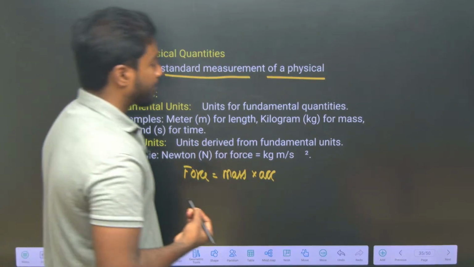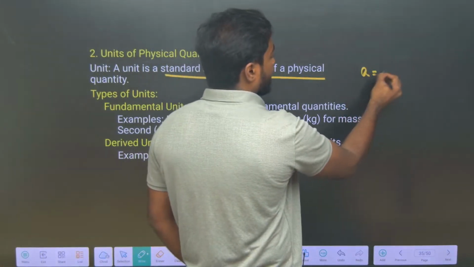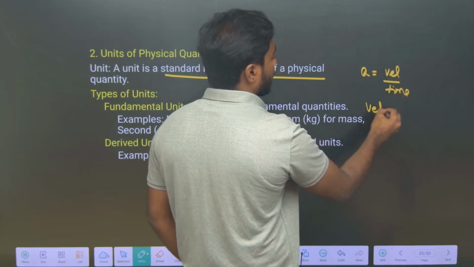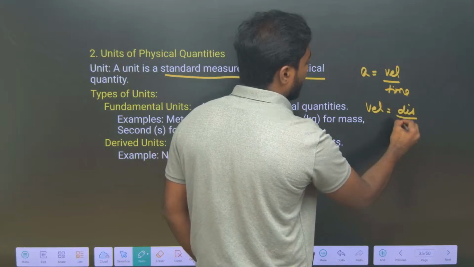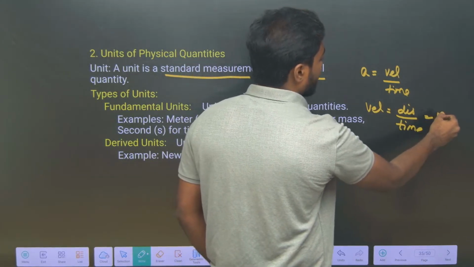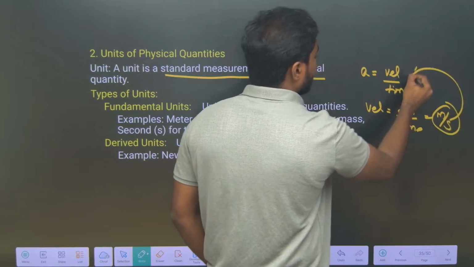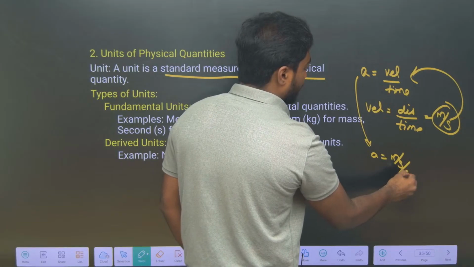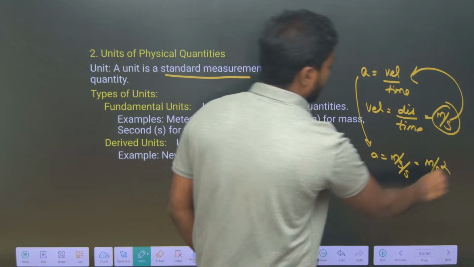Acceleration is velocity by time, and velocity is displacement by time. Displacement is measured in length, so velocity is meter per second.